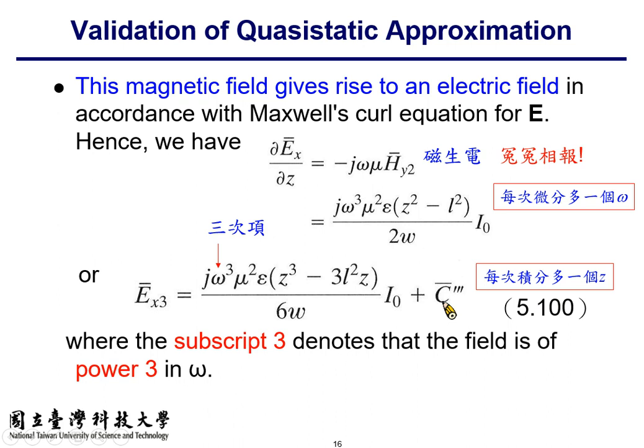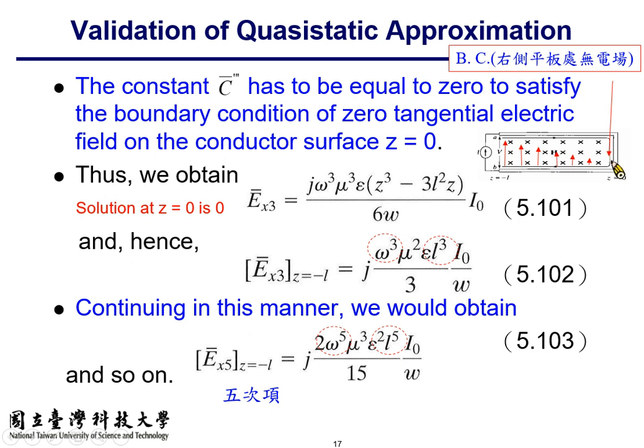The boundary condition to fix this is looking to the right, because at the very right end, you have no electrical field. And you can continue this to find out HY4 and EX5 as well. So this is the EX5 term. Looks pretty scary, right? And you can keep this on and on to find out following terms.